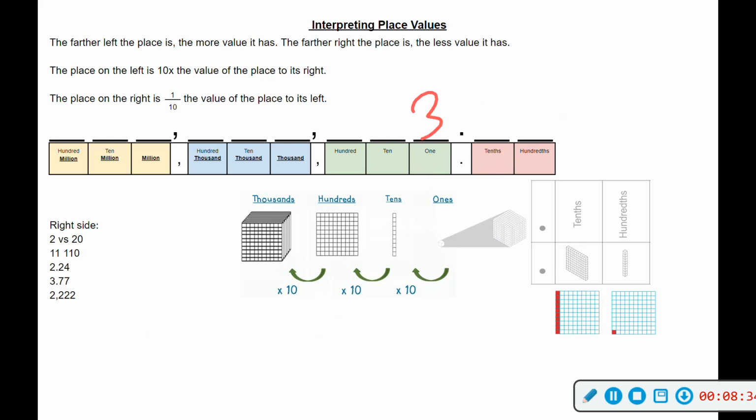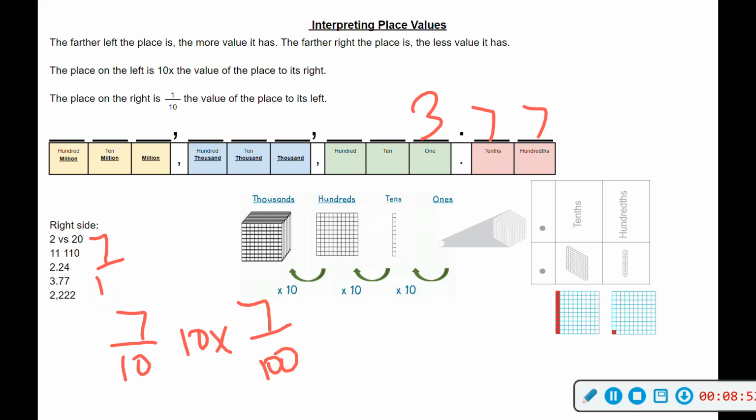If I have 3 and 77 hundredths, I can also compare it with the 7 tenths is 10 times the value of the 7 in the hundredths. In contrast, I can say the 7 in the hundredths is 1/10 the value of the 7 in the tenths.